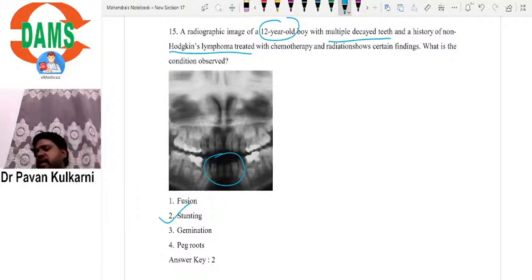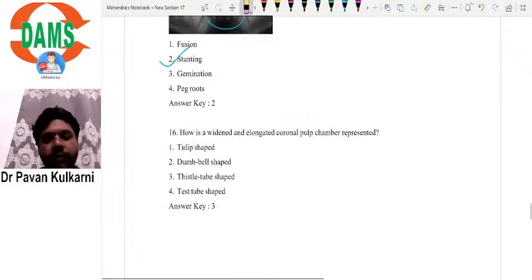So stunting is a condition in which teeth and roots are very small in size. That usually occurs because of drugs or a condition like malignancy during the time when these teeth are developing. That is called stunting.